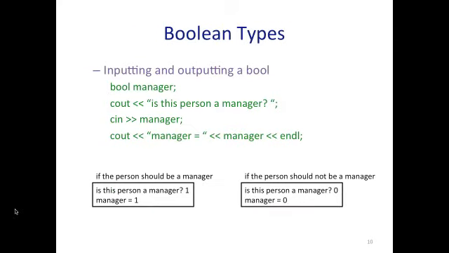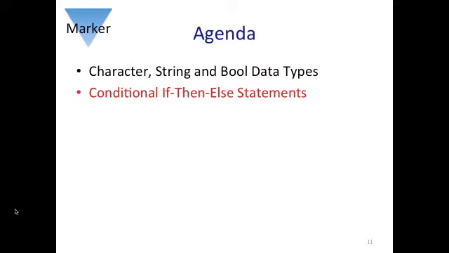Okay, and this screen just shows exactly what I said a moment ago when I demoed it for you with Code Light. Okay, so that's a quick overview of the character, string, and bool data types.